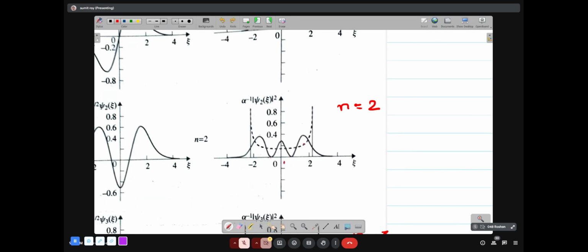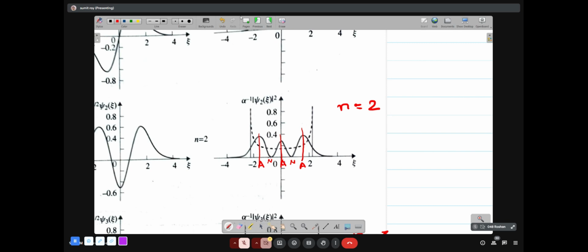So with a very familiar terminology that we know from the earlier time, we call these locations nodes, where the probability is 0, and the locations where the probability of finding the particle is maximum, we call antinodes. So nodes and antinodes you have depending upon the probability.